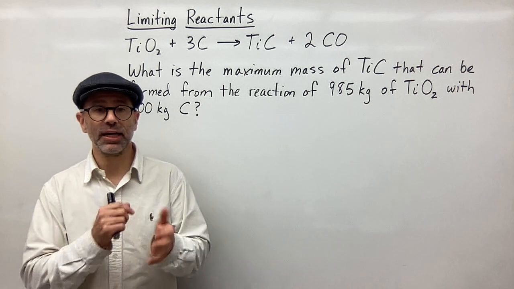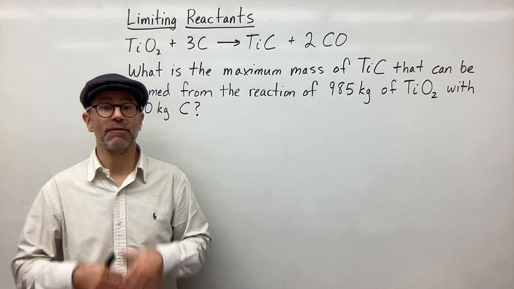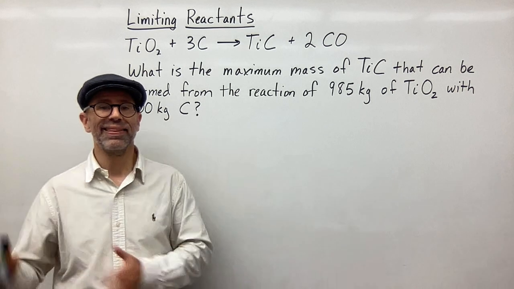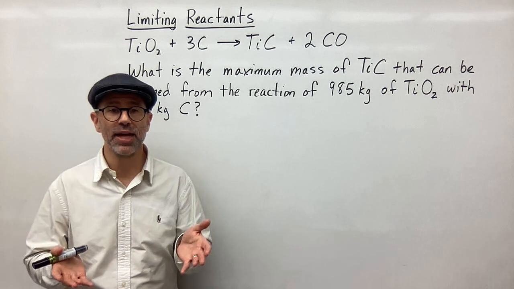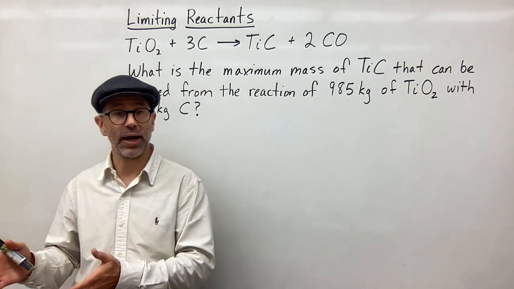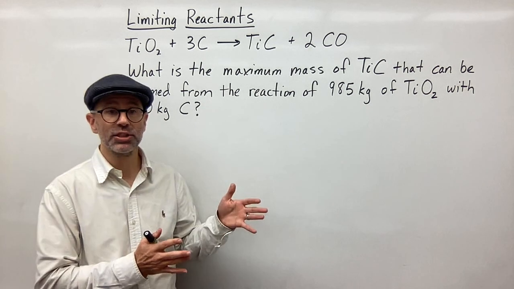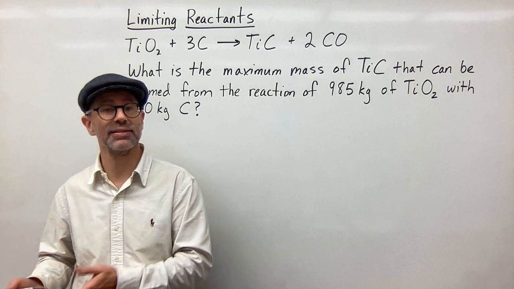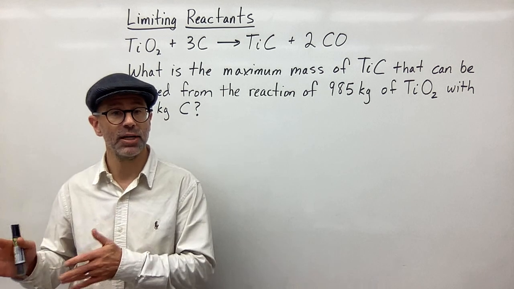So as I'm making the sandwiches for the picnic that I'm going to go on, if I run out of bread before anything else, then the bread is the limiting reagent because I can't make any more sandwiches without the bread, right? The amount of bread I have limits the number of sandwiches I can make because I ran out of bread first.